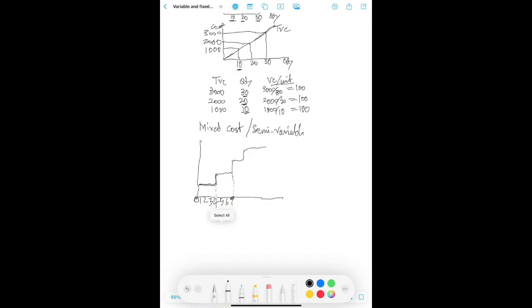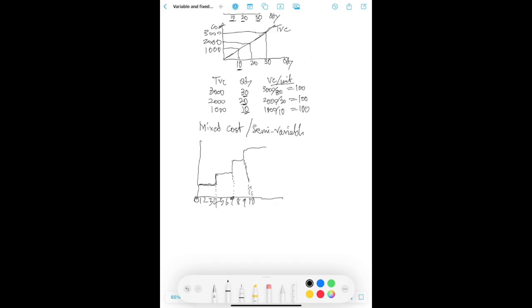So it behaves in that manner. It will remain constant for a certain period or for a relevant range of activity, 7, 8, 9, 10. Then it took another leap again. That's my diagram. So that is how a step cost behaves.